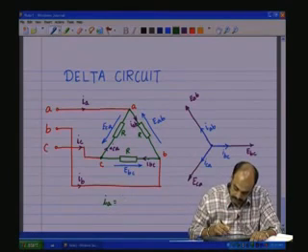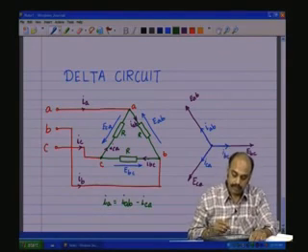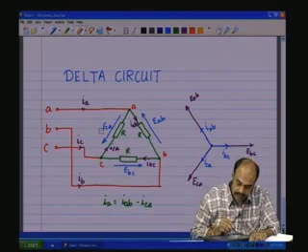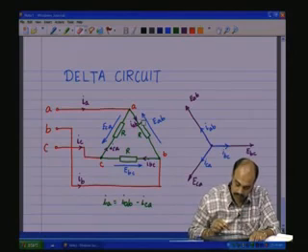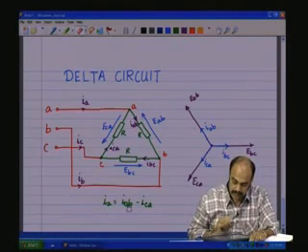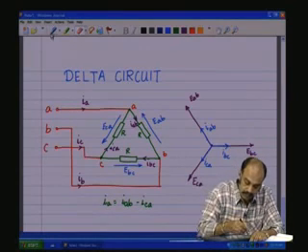So, therefore, we have IAB minus ICA, because IA and ICA are coming to the node, IAB is going out of the node. That is the reason that the sign difference is coming into the picture here.